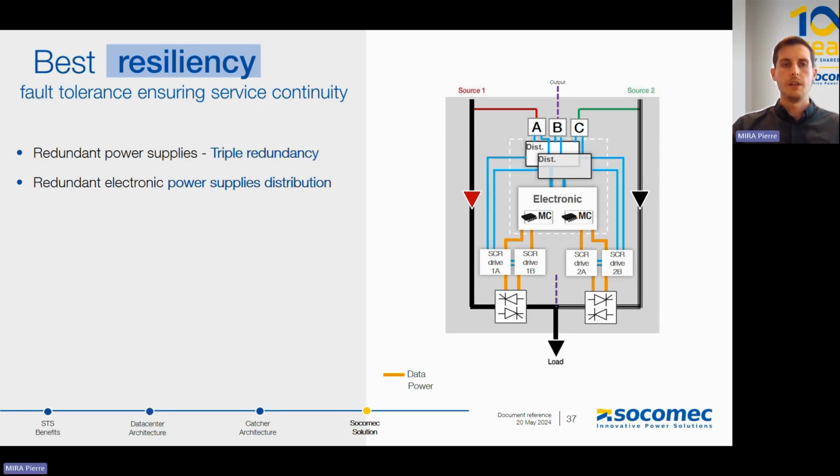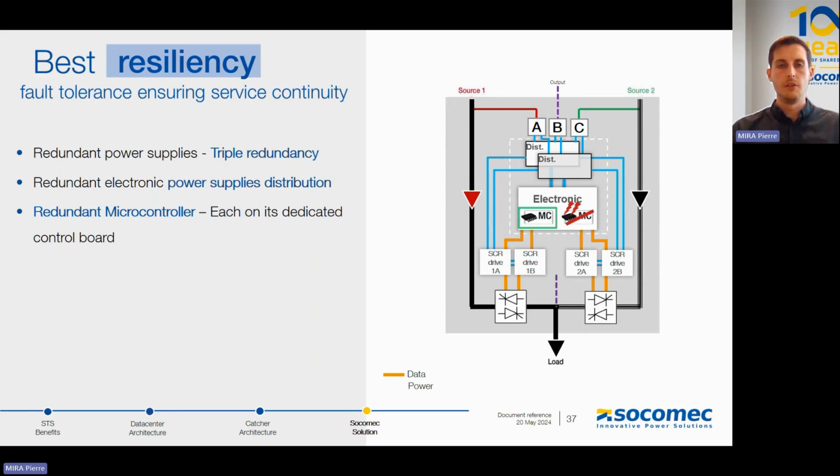What we have as well is the redundancy on the microcontroller. In the Socomec design, we have two microcontrollers on two independent daughter boards connected to a motherboard. So what's happening? Each microcontroller is fully autonomous, and each microcontroller is able to control the static transfer switch.